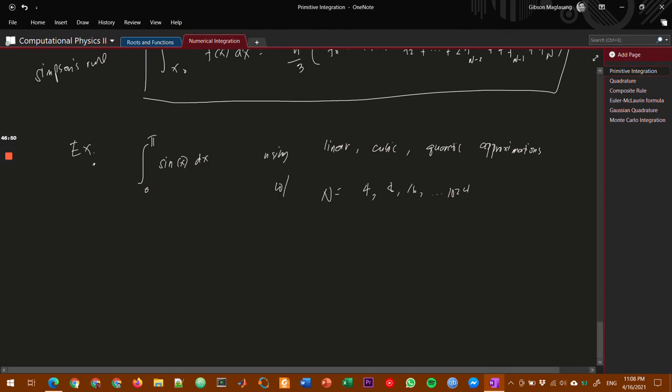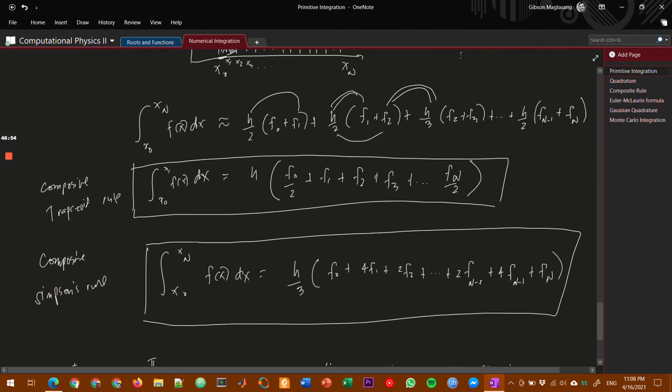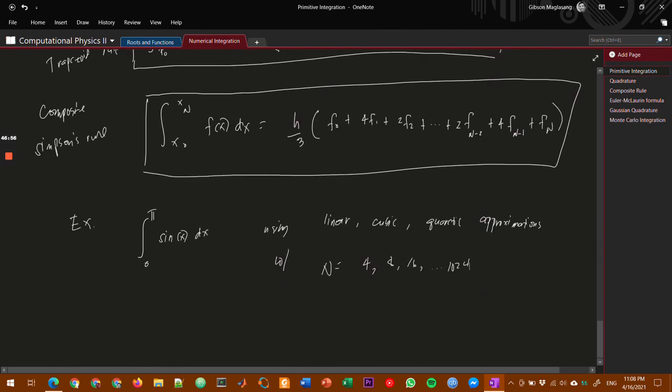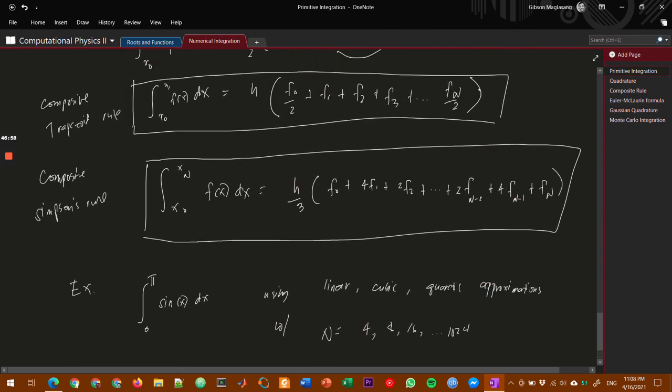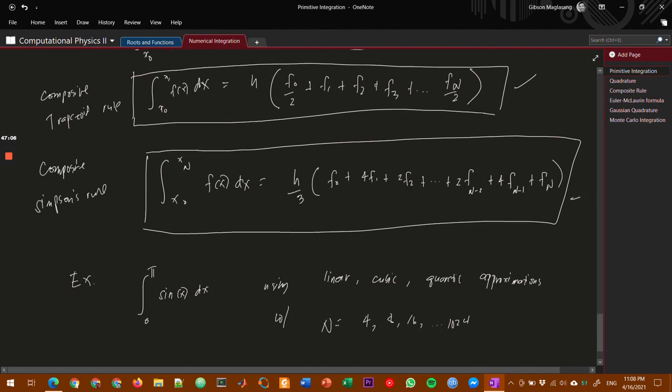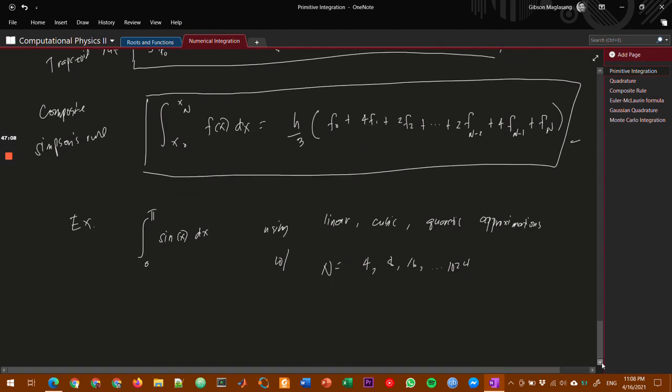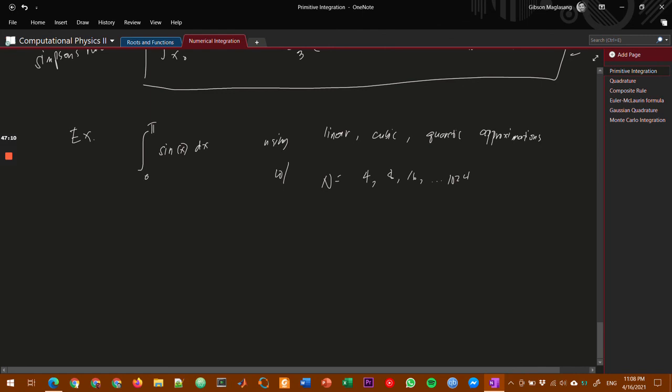Okay, so we'll be using, let's say this one, the composite trapezoid, in evaluating the integral sin x from 0 to pi, and also we'll be using the composite Simpson's rule. So we know before ta mag-integrate kaya ta unsay result ani unsay atong expected nga result because this is easy to solve.